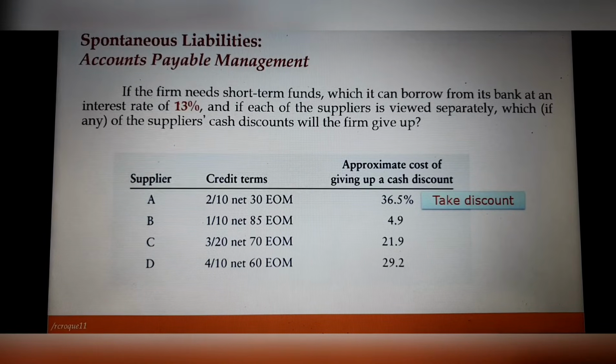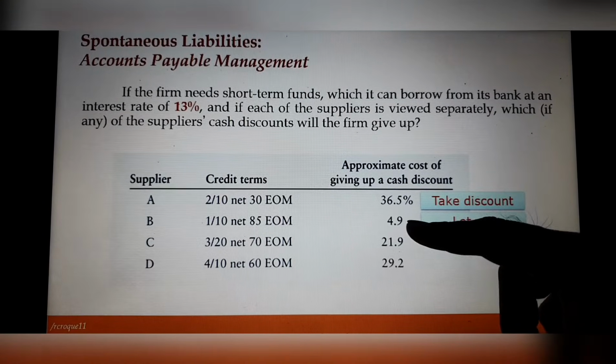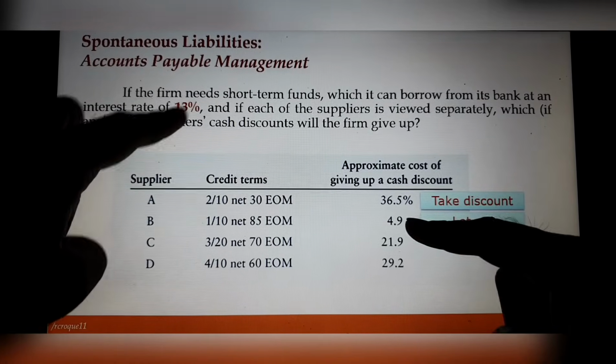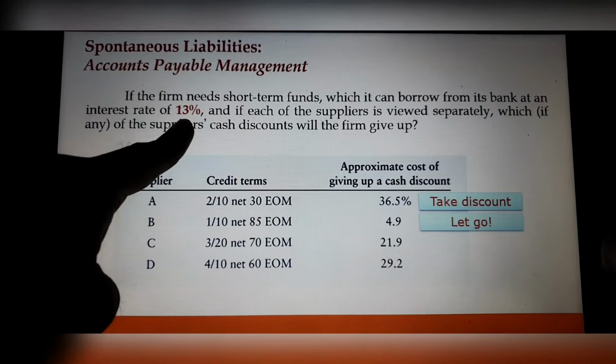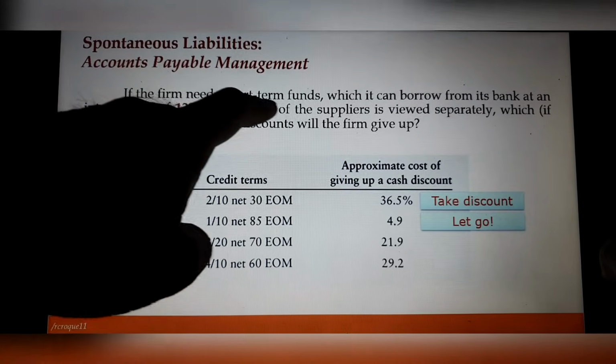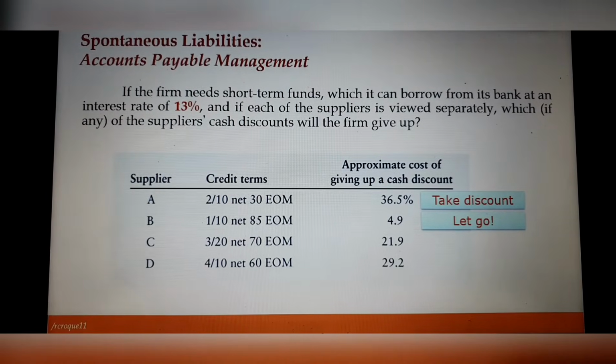Are we going to let go or take the discount? The answer is let go of the discount. Because if you just let go of the discount, that will cost us only 4.9%. But if you borrow just to pay, 13% would be our cost. It is more costly to get a short-term fund to pay for the cash discount.